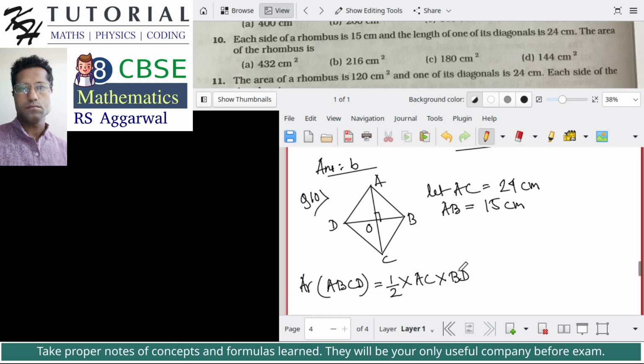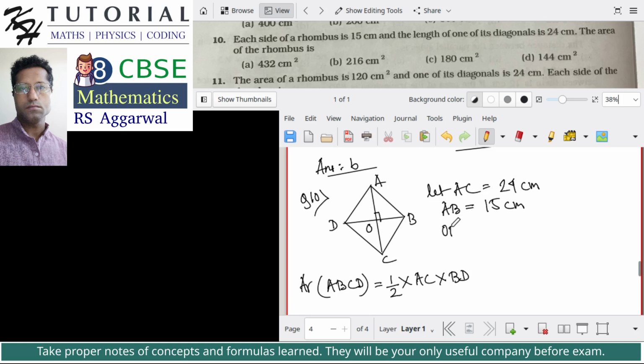We already know the length of one diagonal AC, that is 24 centimeter. If we can somehow find the length of the other diagonal, we can find the area. So we need to find BD. Now BD will be twice of OD, because both the diagonals are being bisected at the point O. Using Pythagoras theorem, we have to find OB first from triangle AOB.